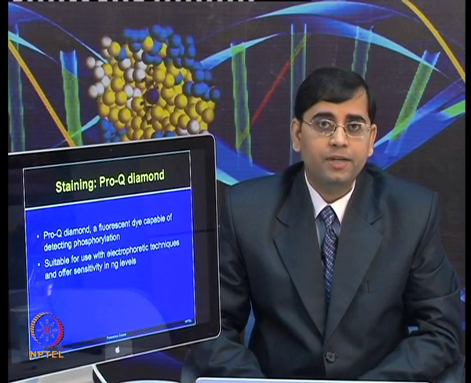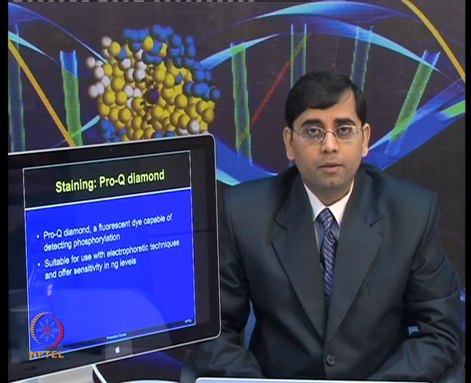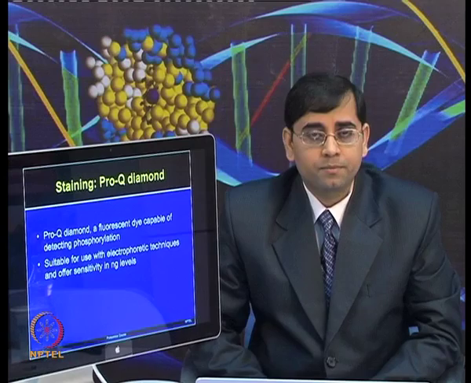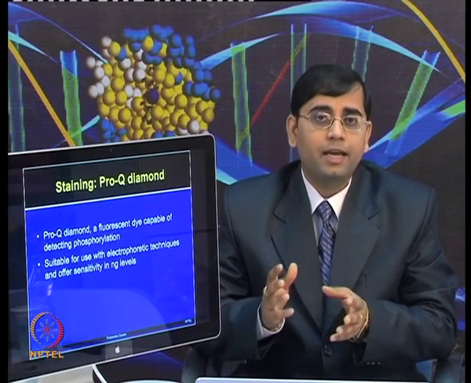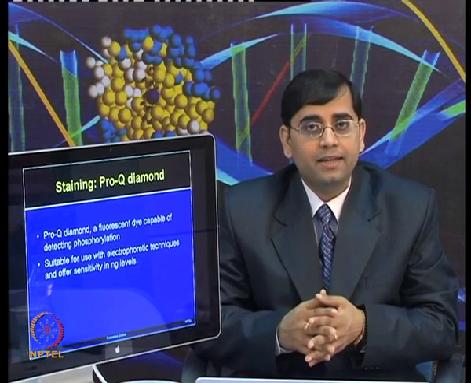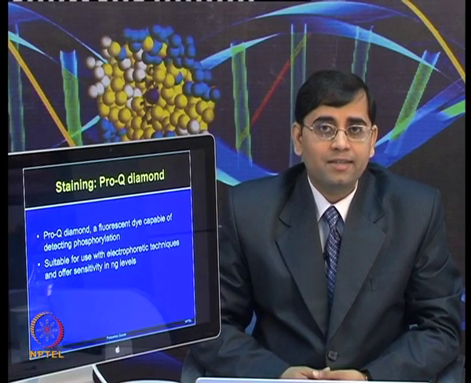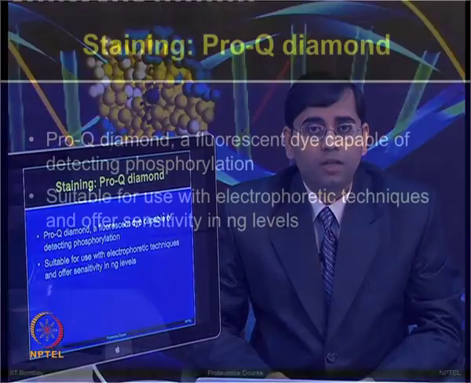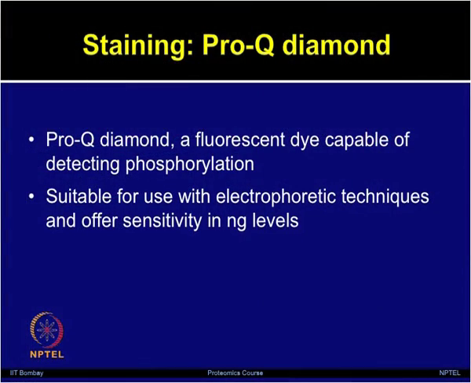First you would like to detect only your post translationally modified forms of the protein or the phosphorylated forms, followed by further staining of the same gel with some endpoint stain such as SYPRO Ruby. Now, you take the same gel and further stain it with SYPRO Ruby.